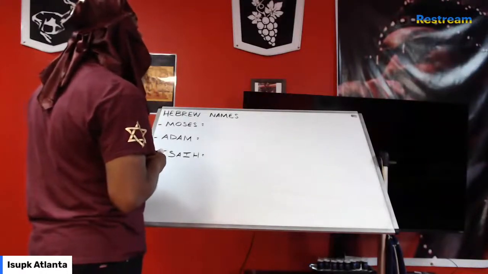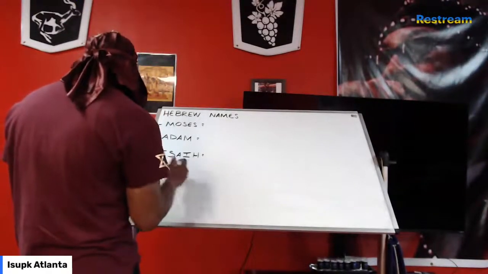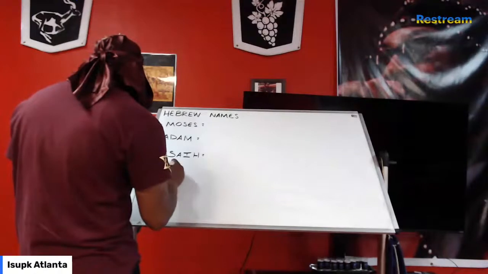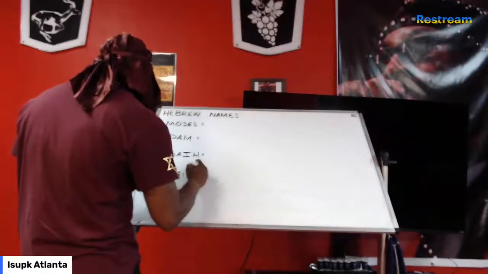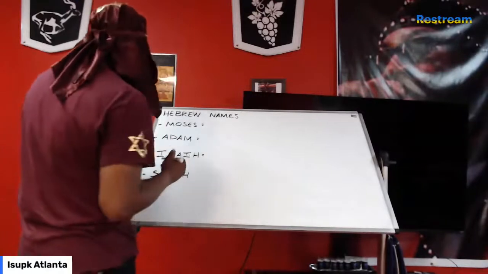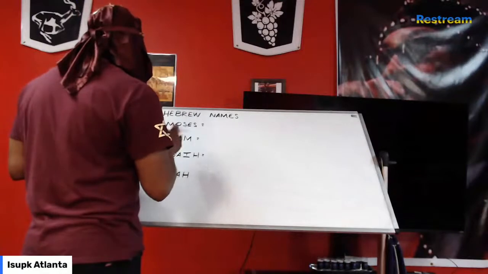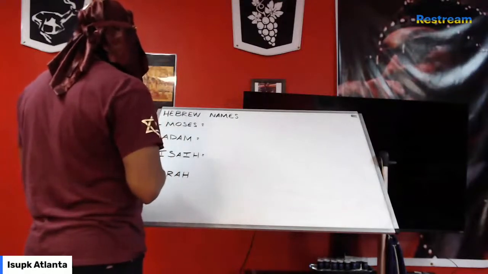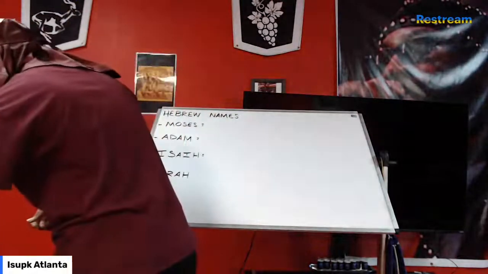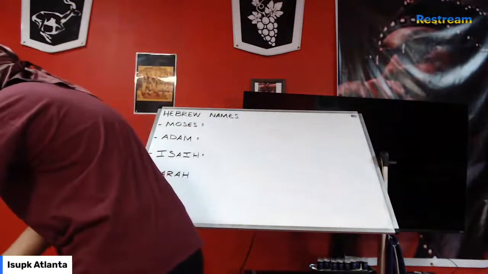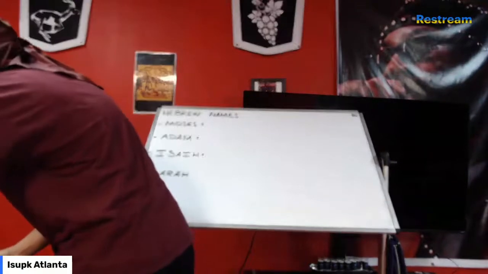Wow. Okay. Just so happened to be my son's name, Sarah. No sweat. So we have Moses, Adam, Isaiah, and I hope I just spelled it right. Isaiah has two A's in it, doesn't it? I-S-A-I-A-H. There it is. I forgot that part.